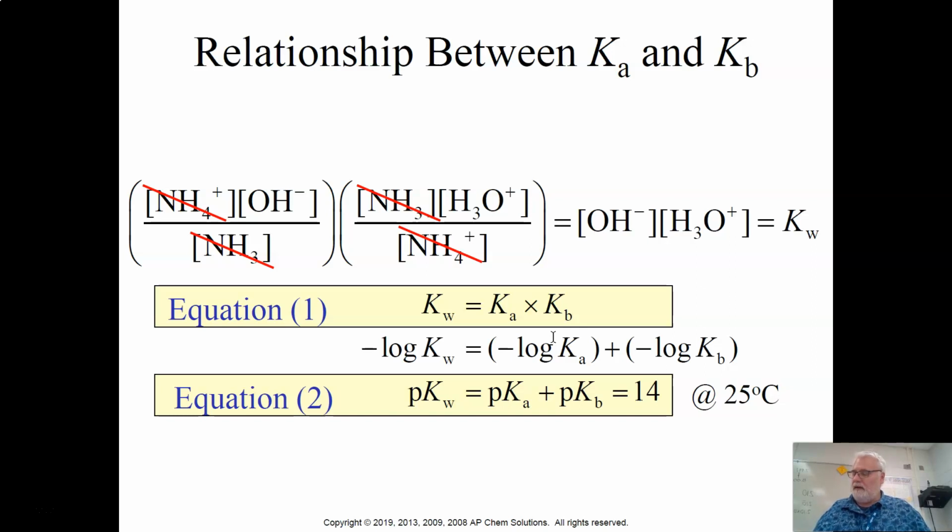And they do give you the definitions of the negative log, that pKa equals the negative log of Ka, and so on. But this little leap right here is not provided for you directly. So you have to go, well, I can figure that out based on this little comparison right there. So these two will add up to be 14.